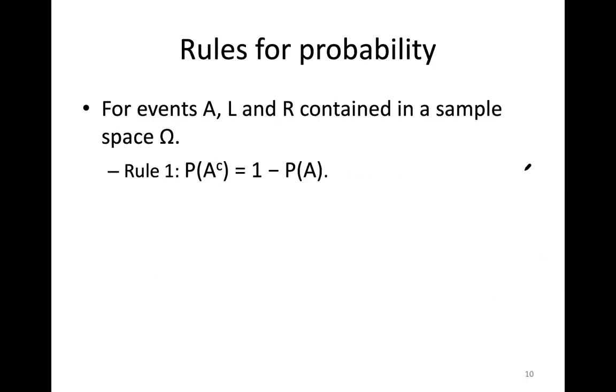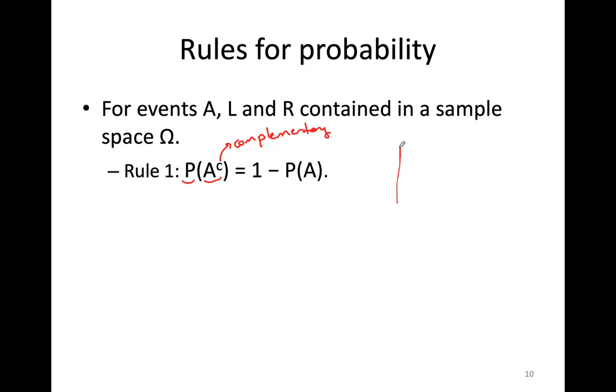When we think about rules of probability, we should think about these rules also. For example, C means complement. The probability of A complement, A to the power C, is 1 minus P(A).